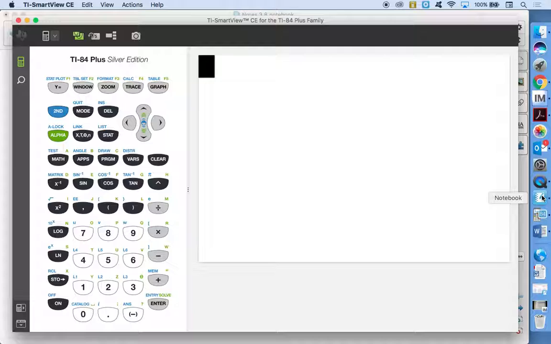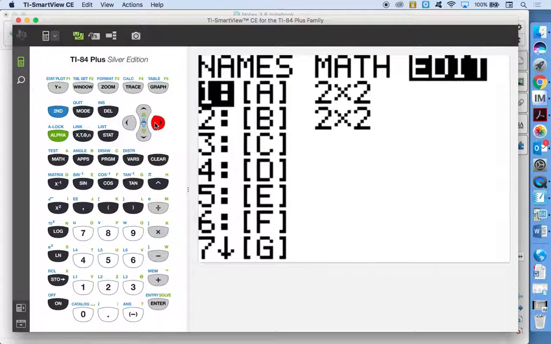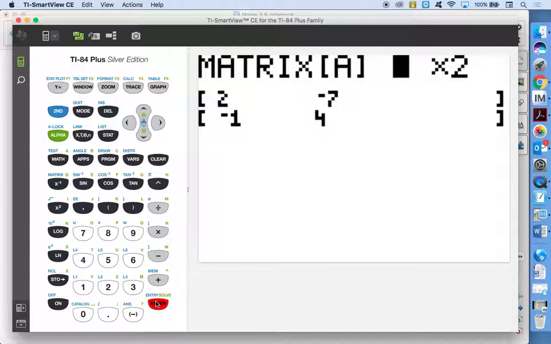So if you hit second x negative 1, a screen pops up with matrices. I have A through G up here, but there are more of them. Move over to edit, because I want to put numbers into the calculator, and hit enter.